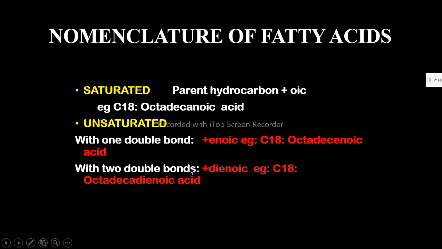Then with two double bonds, we add dienoic. For example, if it is still our C18, the IUPAC name then becomes octadecadienoic.